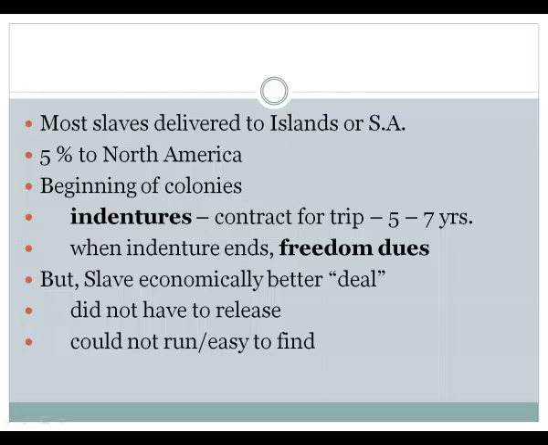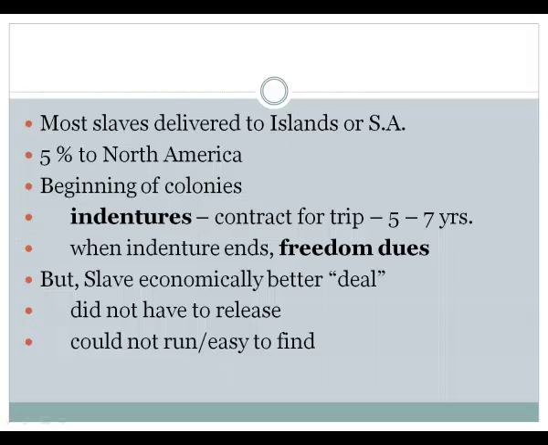Less than 5% were actually transported to North America. Because in the beginning, in the American colonies, or the English colonies, they began their work with indentures. Basically, a man, a woman, child, black or white, would sell their soul, so to speak, for the passage to the New World, and agreed to work from 5 to 7 years.